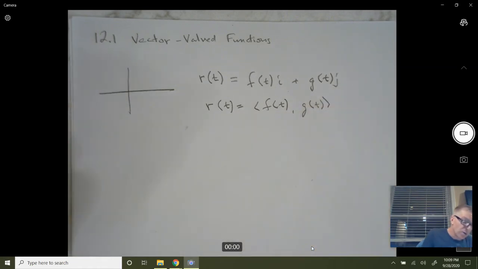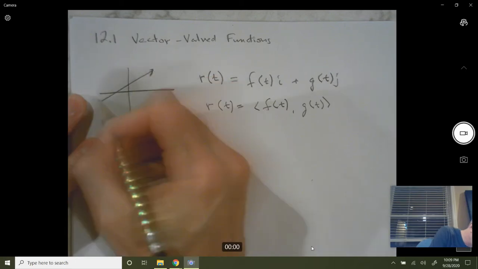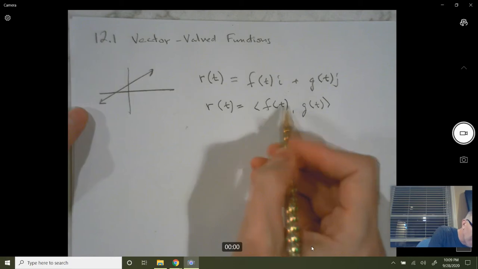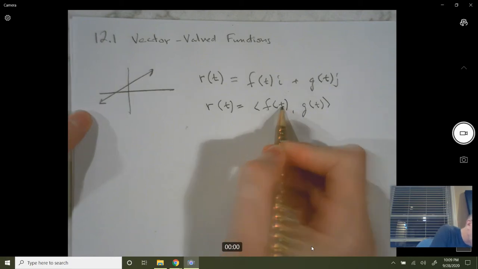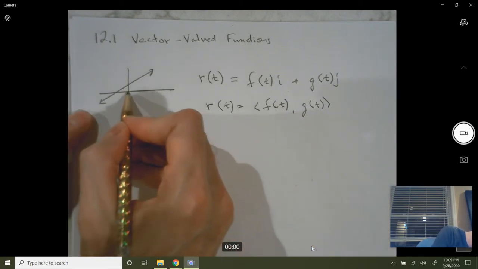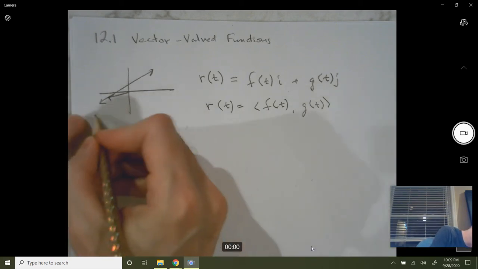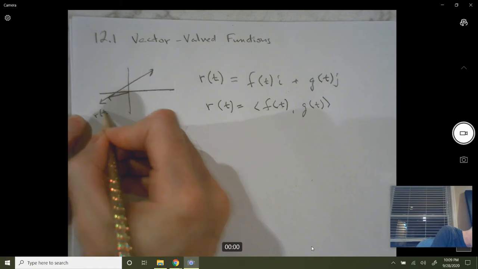Okay. And what happens is, let's say we're graphing a line. We've got this line in 2 dimensions. So basically what this function does, every t value is going to be an input and will get you to a different point on this curve. So this one right here would be, let's say, r of t1.